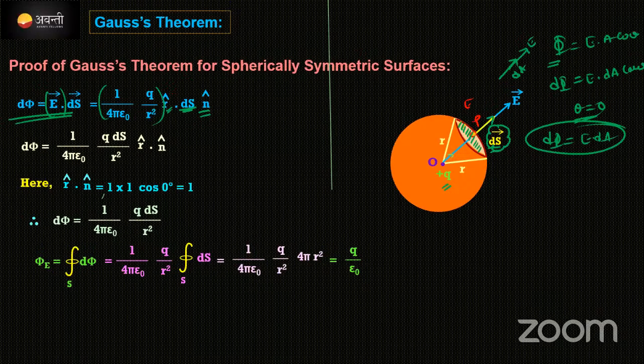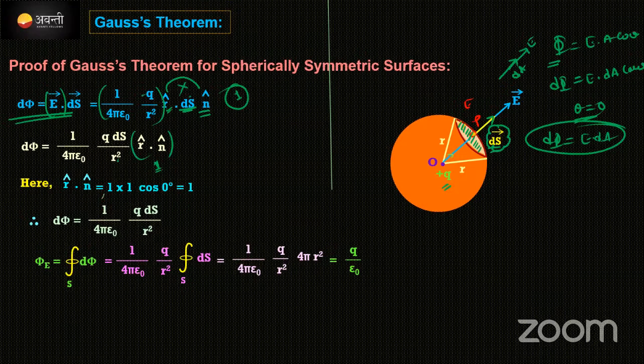No worry about this. If you multiply these two unit vectors, you will get the value 1. Next, 1 by 4 pi epsilon naught and then q ds divided by r square. The value of these two is equal to 1, right?